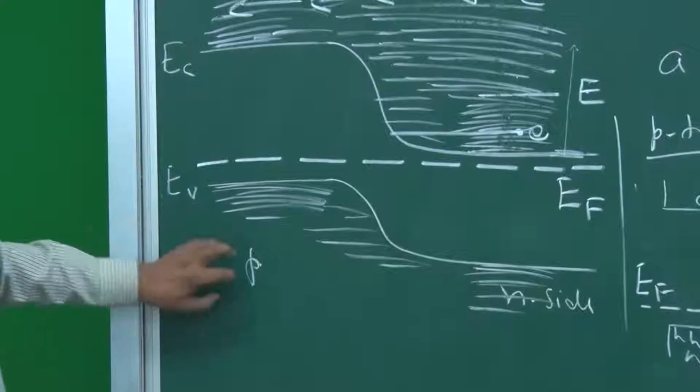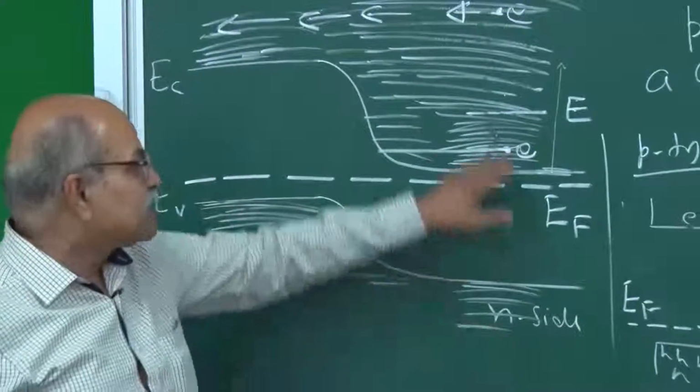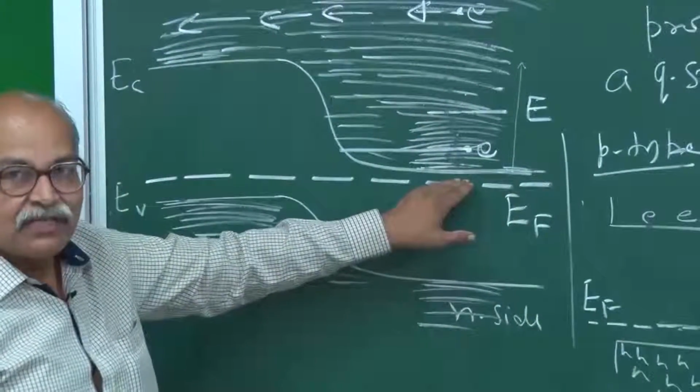For p type it is close to the valence band edge, for n type it is close to the conduction band edge, and so on.